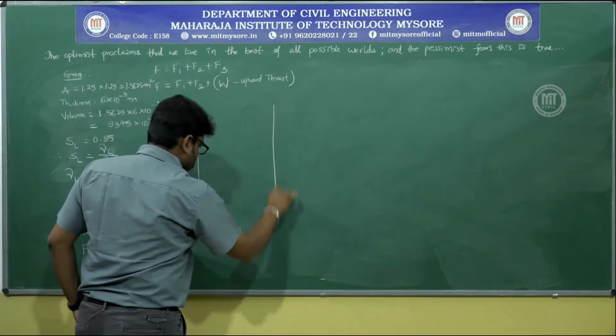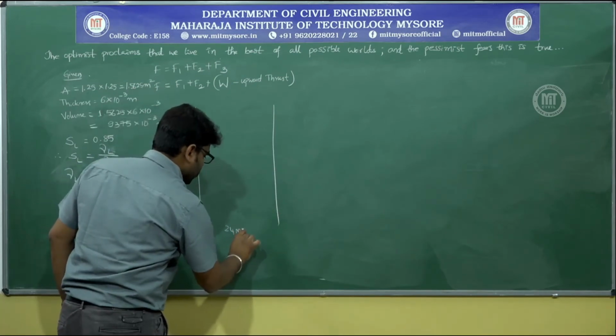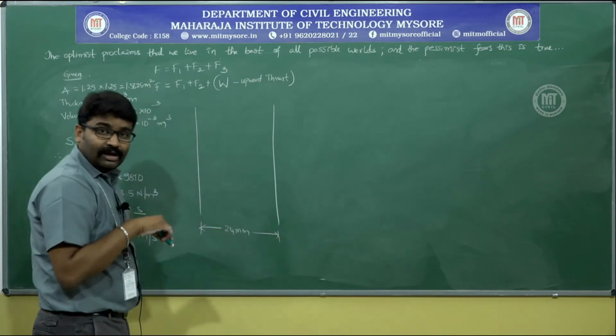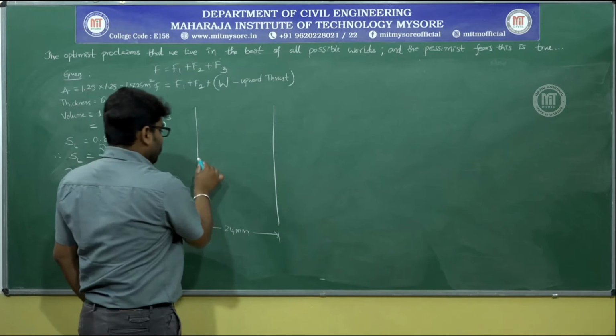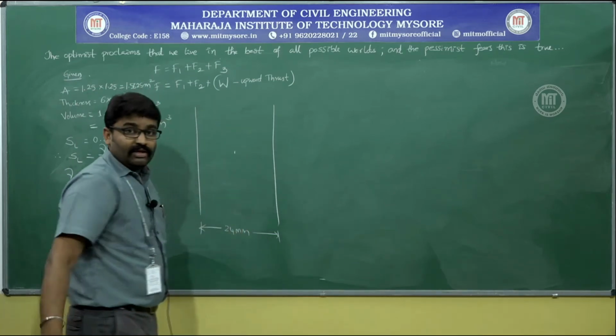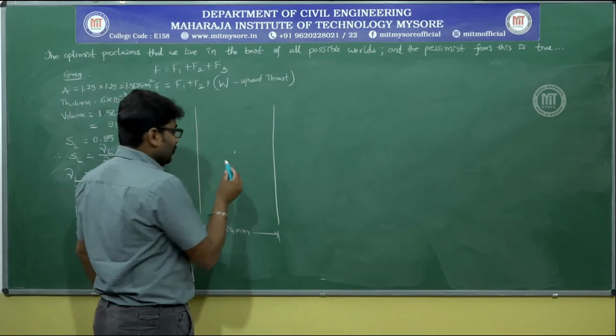You have two large plane surfaces which are 24 millimeter apart, and in the midway, midway means 12 millimeter, you have a plate of 6 millimeter thickness.